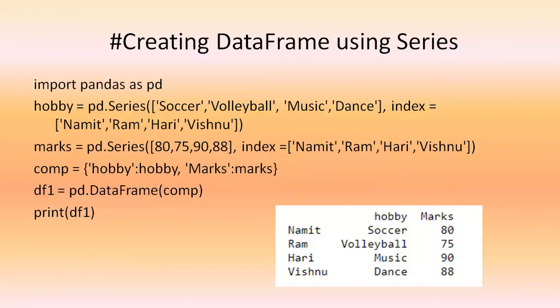Here is one series, here is a second series, then these two series are combined in a dictionary and the dictionary will create a data frame. Let us see the steps again.